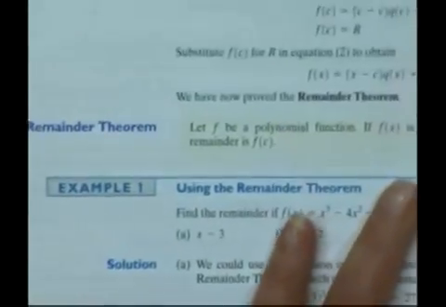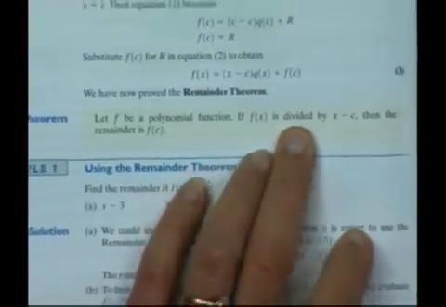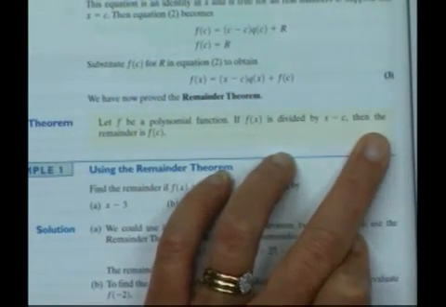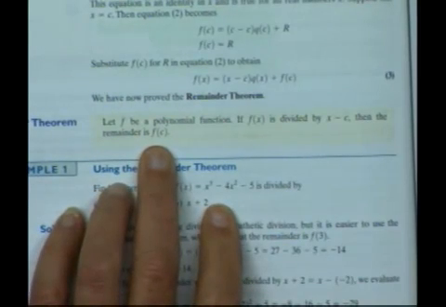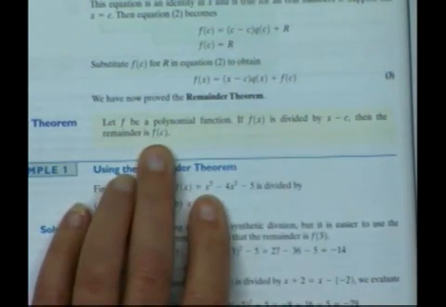Back on page 368, it says, if you divide that function by x minus c, then the remainder is the value of the function at c. So if you didn't want to do long division or synthetic division, you just said it.